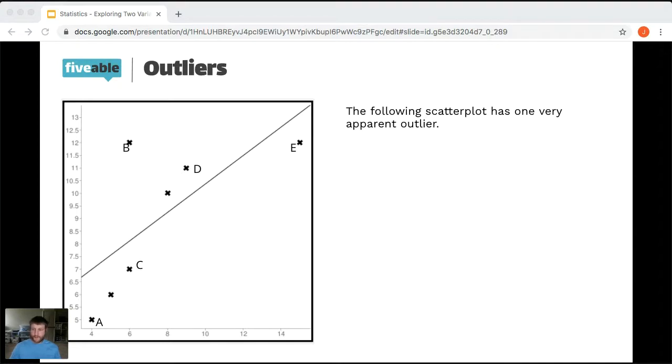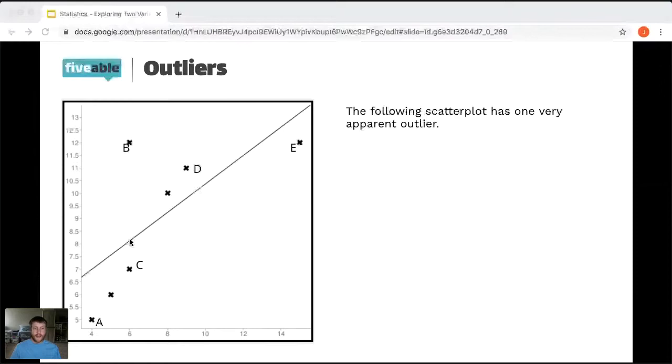So the most apparent outlier is going to be B. I can agree with A because that is a pretty large distance from the data, from the regression line. Okay, so I can agree that A might be an outlier because that distance does seem pretty large, but in comparison to B, B is definitely the most obvious.